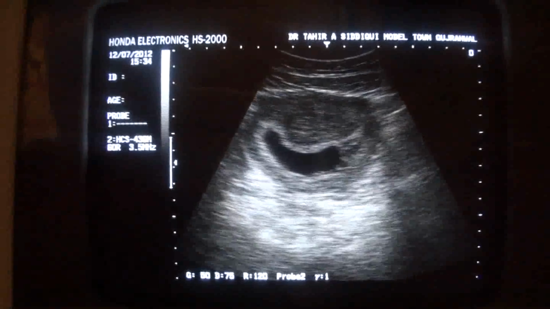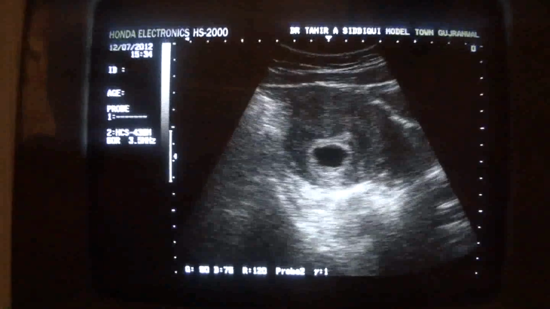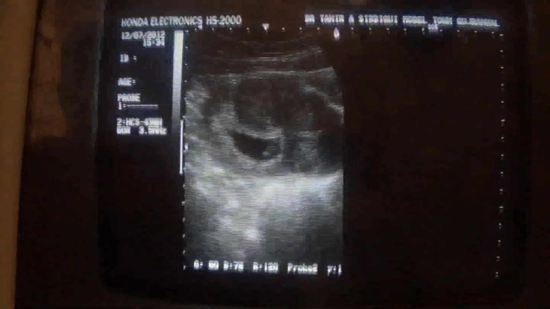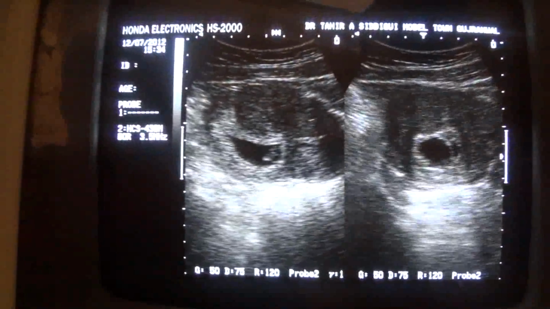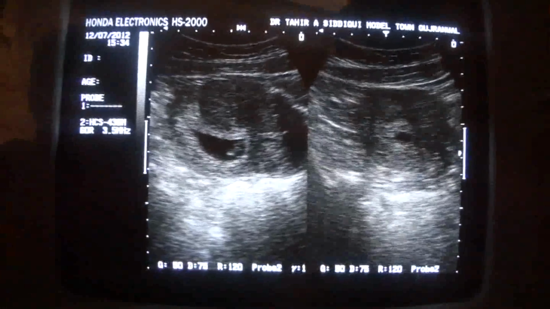Now here, this is the longitudinal section. When I move the probe caudally, I see this sac. When I move the probe towards the opposite side, I see another sac.